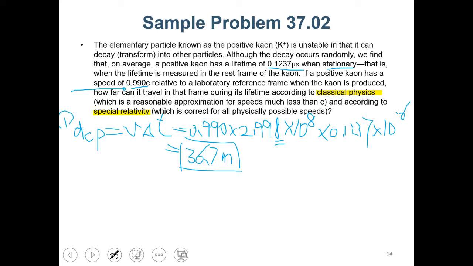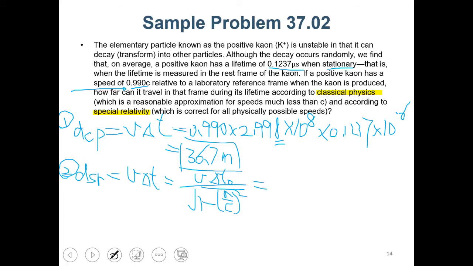For the second case, we consider special relativity. So this is also v delta t. However, this t is a little bit different, which is delta t0 over the square root of 1 minus v over c all squared.